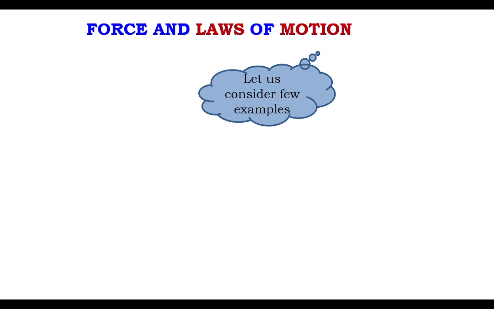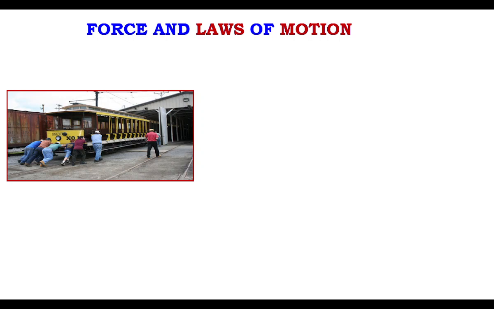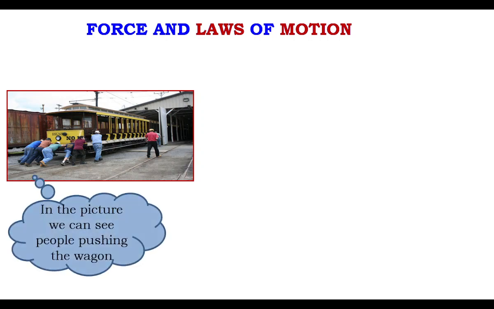Before getting the answer, I would like to show you a picture. You can see here there are 6 persons who are making efforts to provide motion to that train wagon, we can say. So what are they doing? They are just pushing the wagon, right? Why are they pushing? So that they can give motion to it. So they are applying force, because we know that whether push or pull, we can say that it is a force, right?